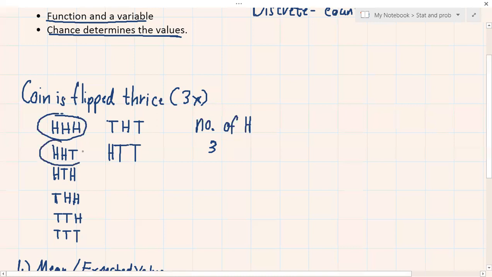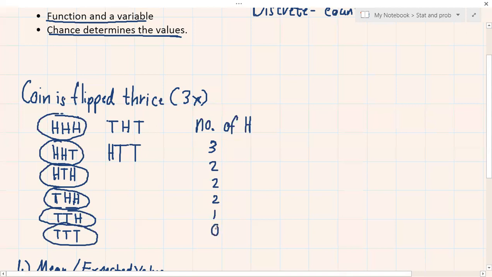Then sa second element, I have only 2 heads. Third experiment or outcome, ganun pa rin, 2 heads. Fourth outcome, 2 pa rin. Fifth outcome, isa lang. Sixth outcome, walang head. Seventh outcome, 1. And eighth outcome, 1.